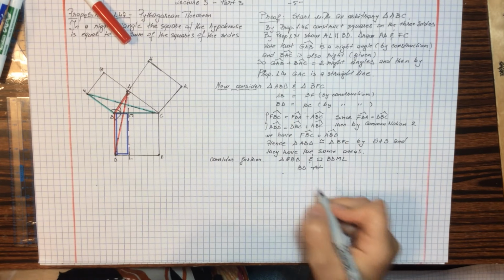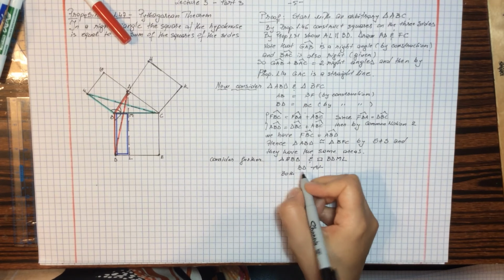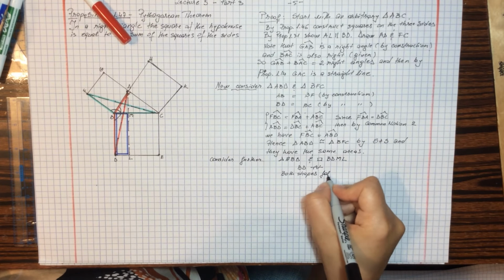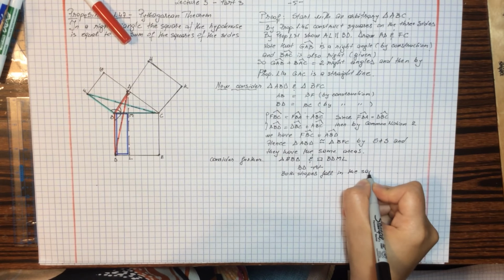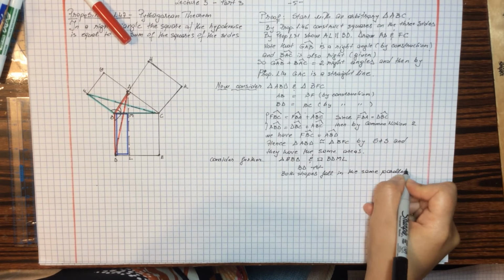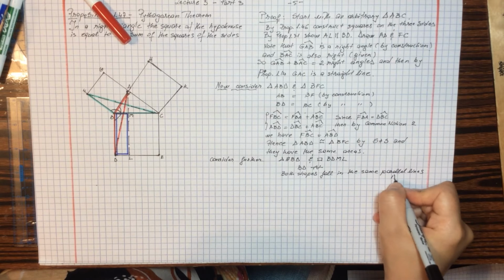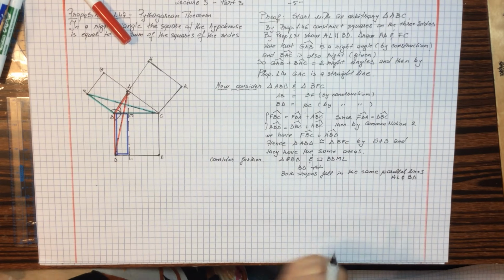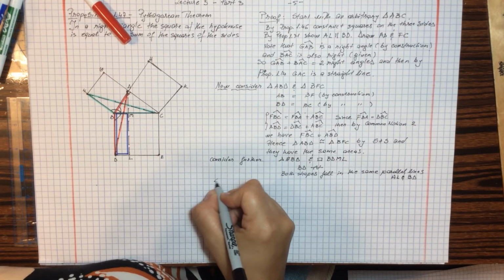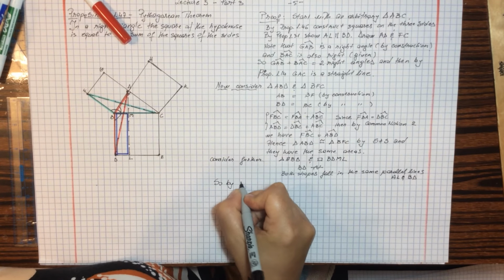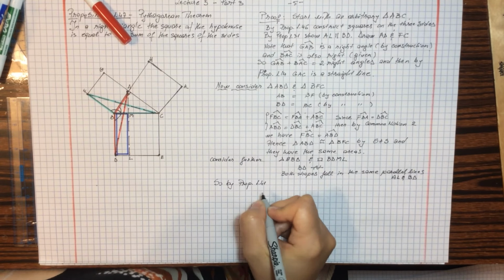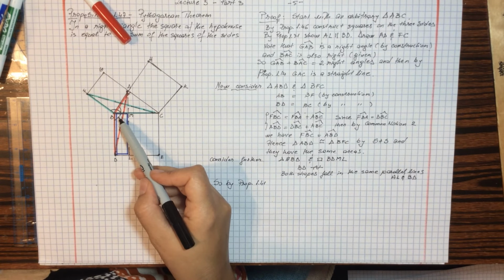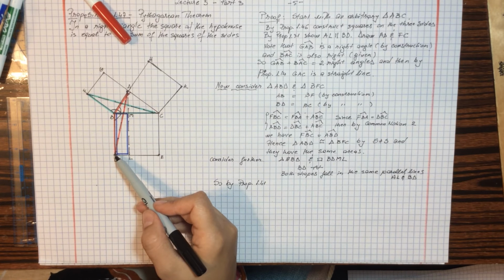Parallel BD with AL. We said from the very beginning that AL is parallel to BD. It's possible to show by this proposition that they are parallel. So both shapes fall in the same parallels, lines AL and BD. So by proposition 41, which I mentioned in part 2, it means that the area of this rectangle, which is at the same time a parallelogram, is twice the area of this red triangle.